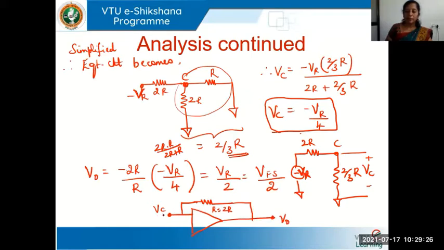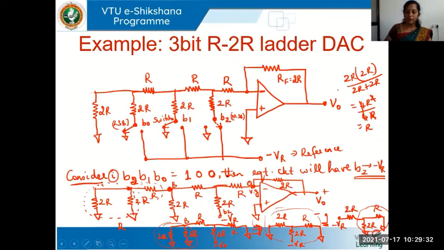Between VC and the inverting input, I have a resistance R. So if you observe here, this is point A, point B, point C. So this is your point C. Between point C and the inverting input terminal, I have a single resistance R, and then I have the feedback resistance 2R. I hope you are able to get that.